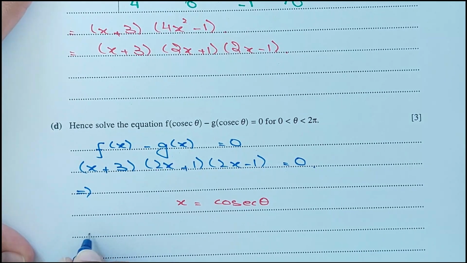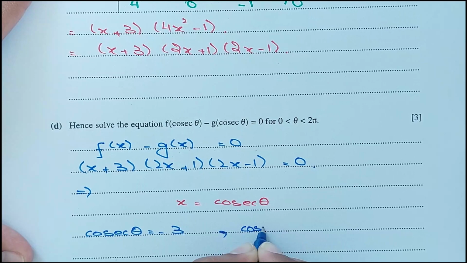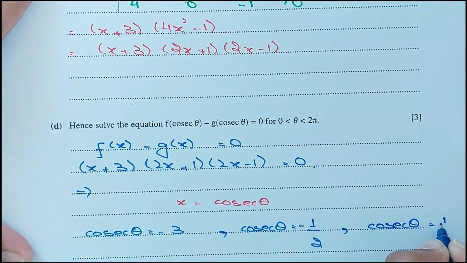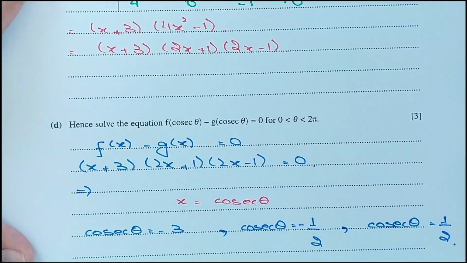We can say cosecant theta is negative 3, cosecant theta is negative 1 by 2, or cosecant theta is 1 by 2, right?